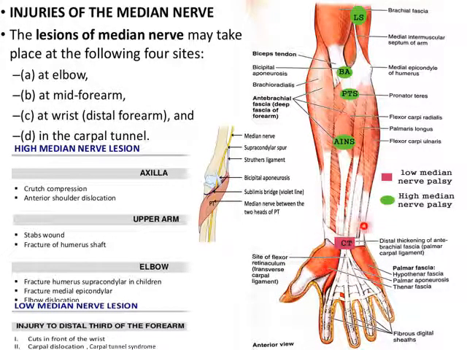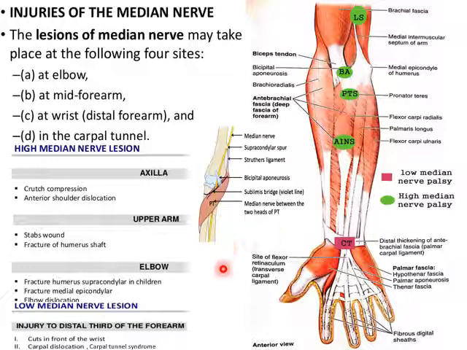So the cuts in the distal part of the front of the wrist, that is the suicidal cuts according to forensic terminology, can injure the median nerve, and it can get compressed in the carpal tunnel by thickening of the flexor retinaculum or any inflammation of the radial or ulnar bursa, which wrap the long flexor tendons of the forearm, or any carpal dislocation.